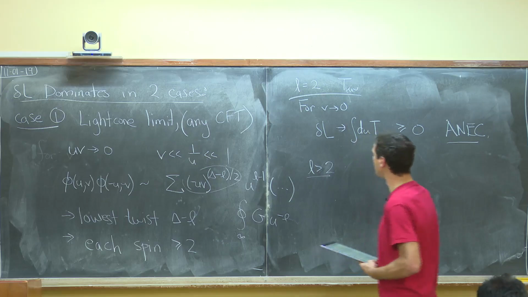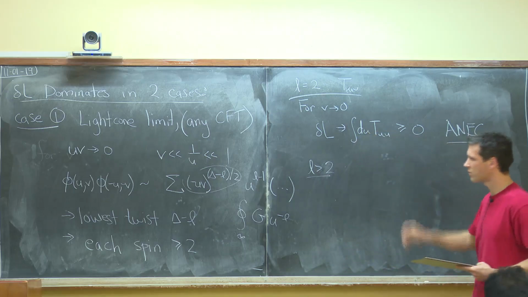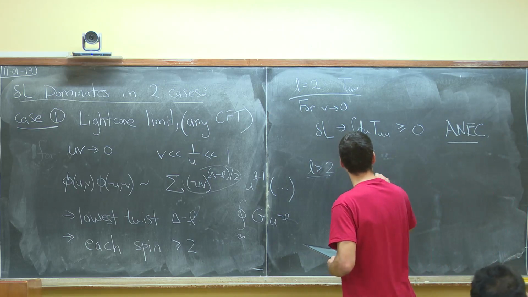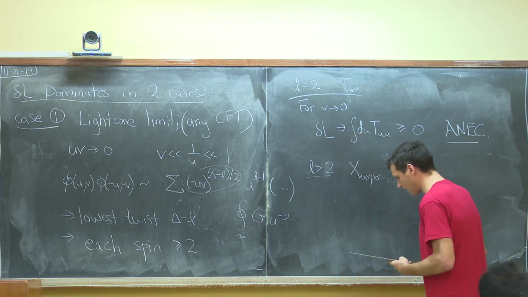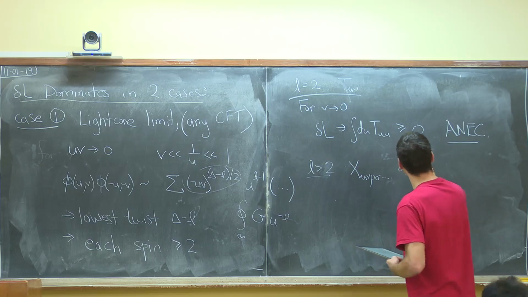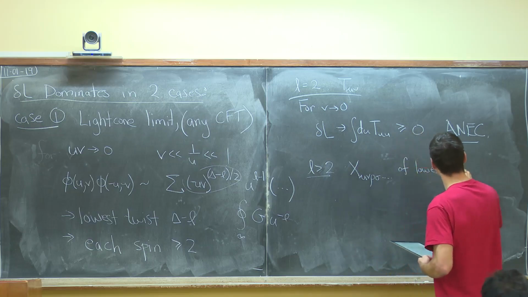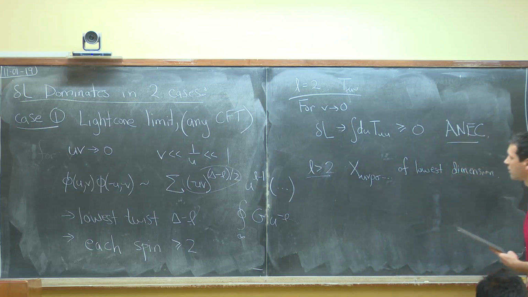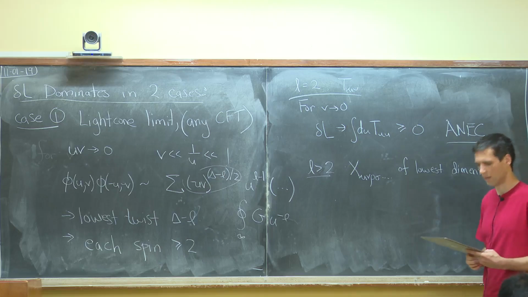For L greater than 2, you can repeat everything that we've said about the stress tensor for higher spin operators of lowest dimension. So we get a constraint on the lowest dimension operator of spin 4, the lowest dimension operator of spin 6, and so on.